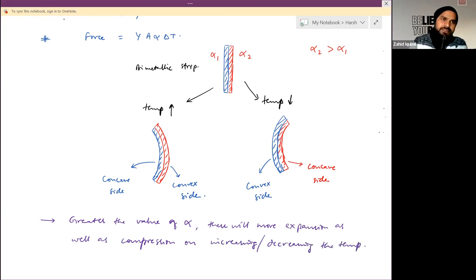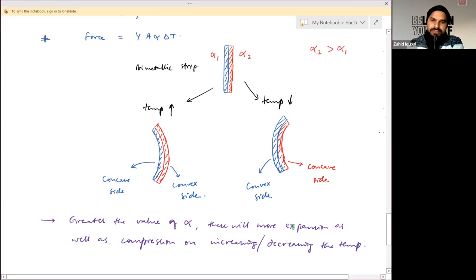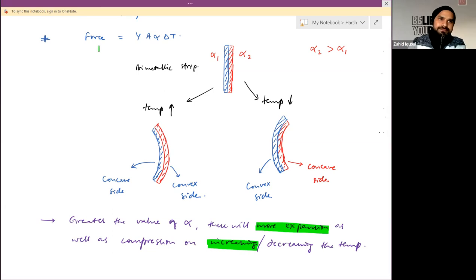So on increasing temperature, there will be more expansion in length, and on decreasing temperature, there will be more compression in length as well. Is it clear? Yes, sir.